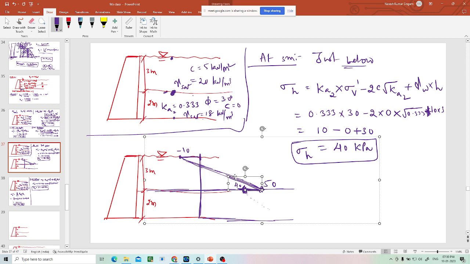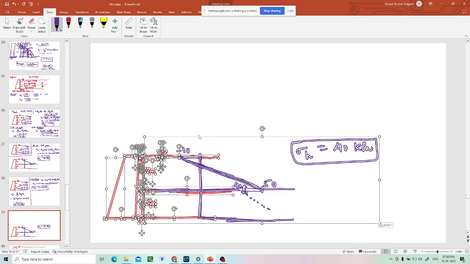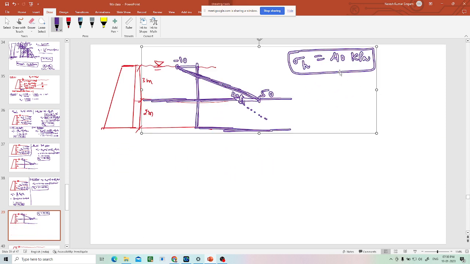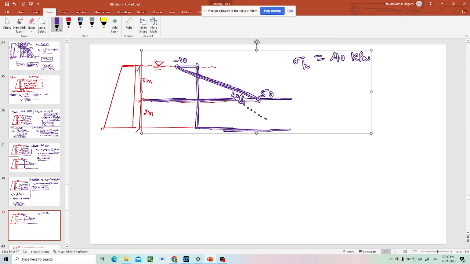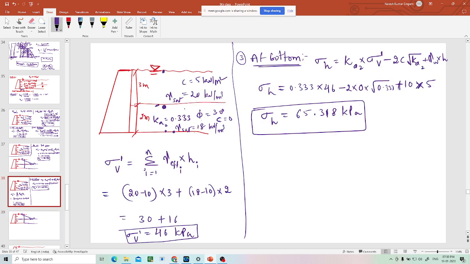Now you got 40, and what is the previous value? 65.318.